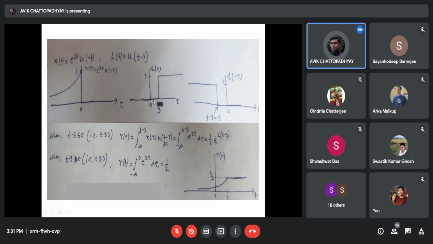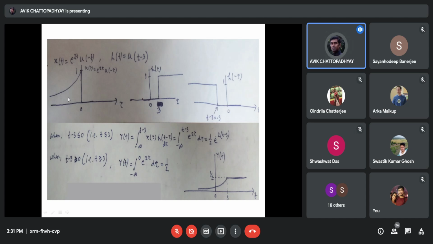In that case, my integration would start from minus infinity and extend up to this t minus 3 point, as long as this point follows the condition of being less than or equal to 0. Then it's okay, obviously.